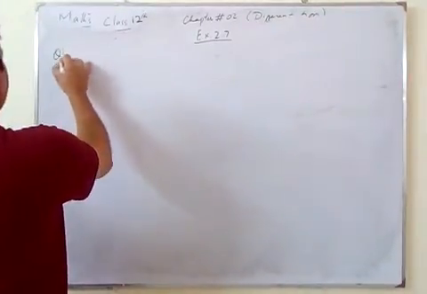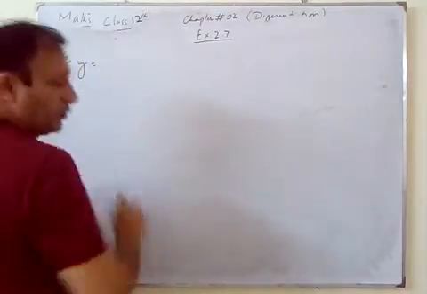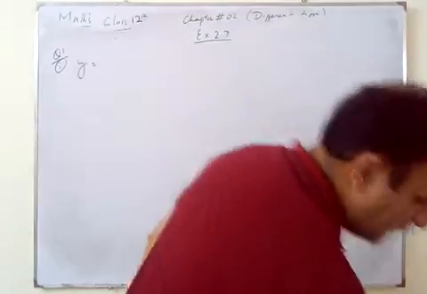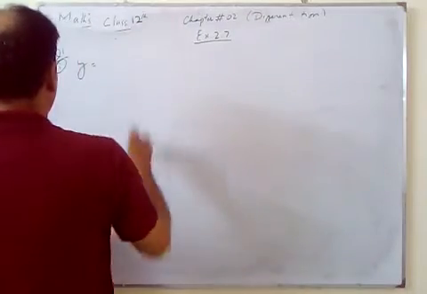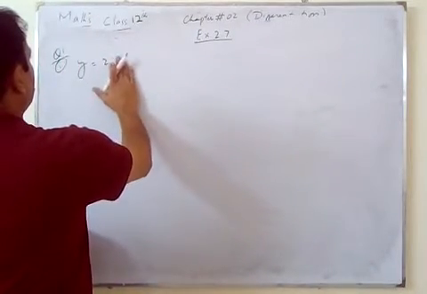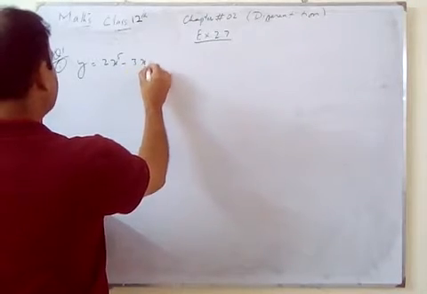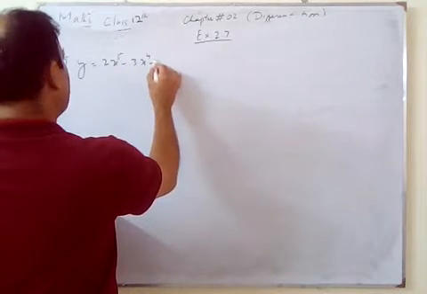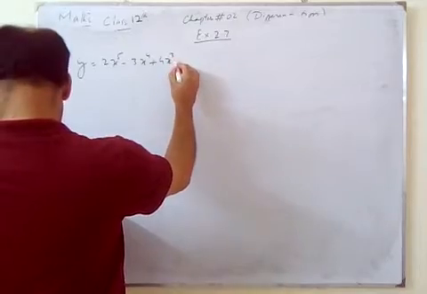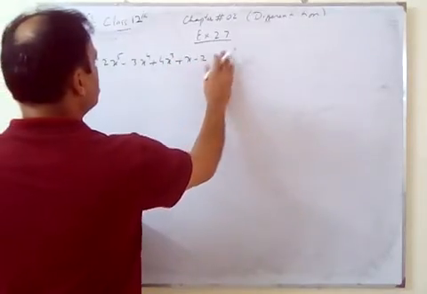Question number 1, part 1. y is equal to 2x power 5 minus 3x power 4 plus 4x cube plus x minus 2.